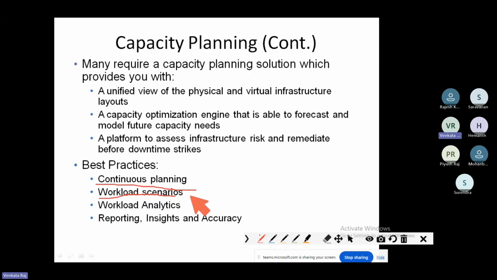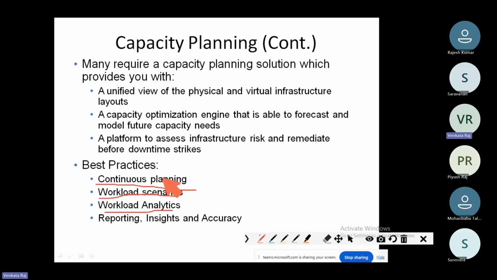When you design these workload scenarios and get the data, you should be able to run analytics on them. Based on this, you should do the reporting part. You should try to gain insights into it and the accuracy. So these are some of the best practices which you should follow for capacity planning.